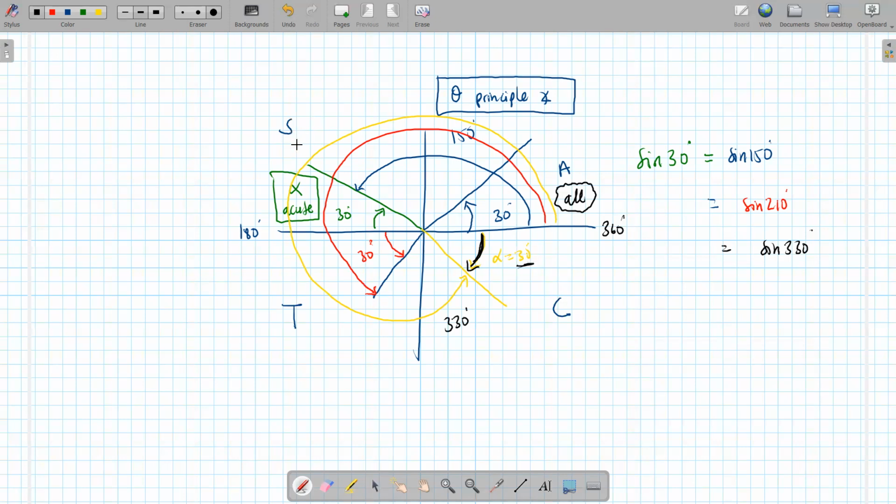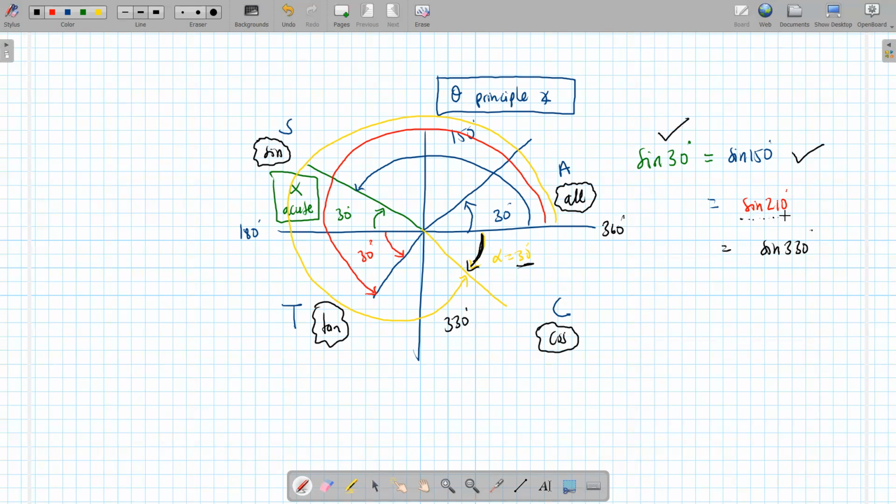Quadrant 2, that S stands for sine. So only sine is positive in quadrant 2. Quadrant 3, only tan is positive. Quadrant 4, only cosine is positive. Which means for these ratios, in quadrant 2, sine is positive, so this is good. Quadrant 1, everything is positive, so that's good as well. But now look at quadrant 3.